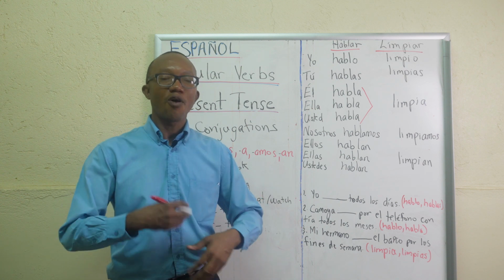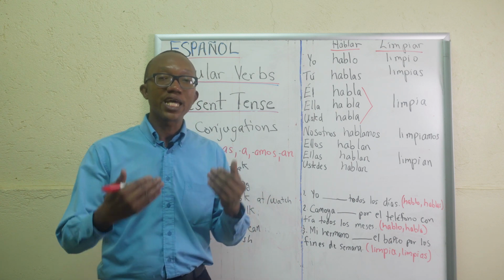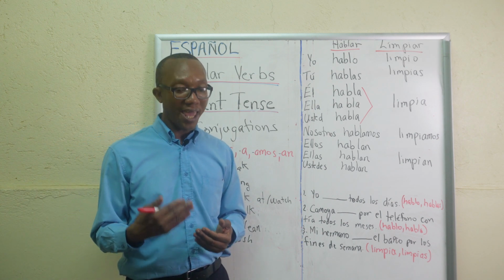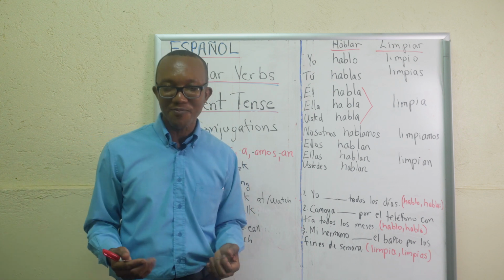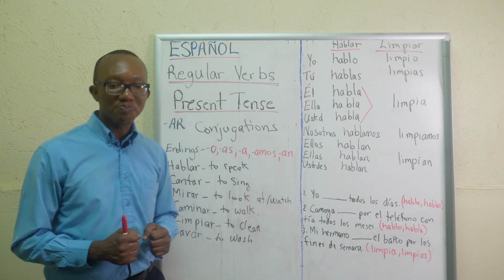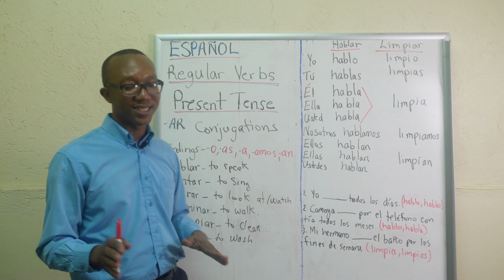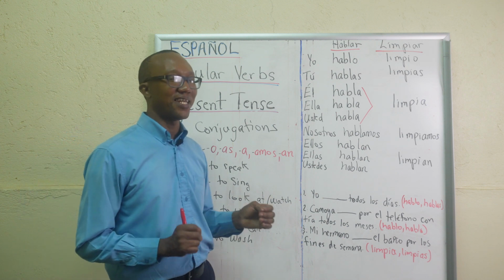To eat, comer, that's ER. But then there are conjugated forms of these verbs, right? To give an example of the IR would be vivir, to live. All right, so let's look at some AR verbs, because there are many, muchos verbos in Español.